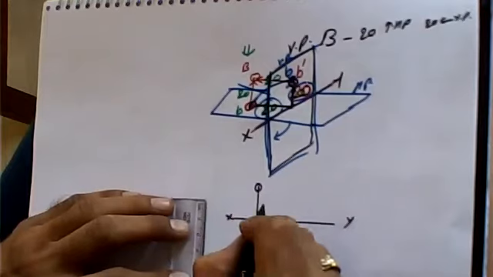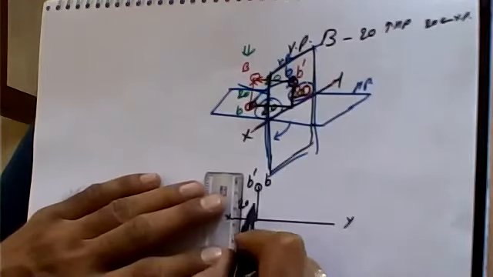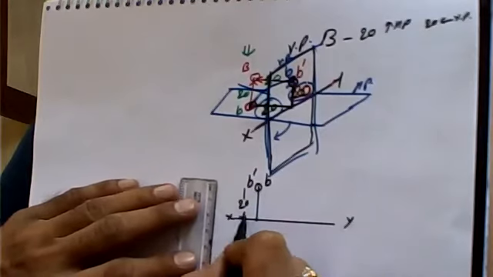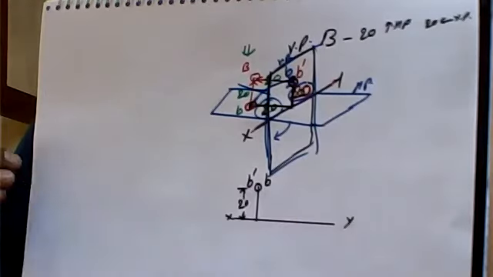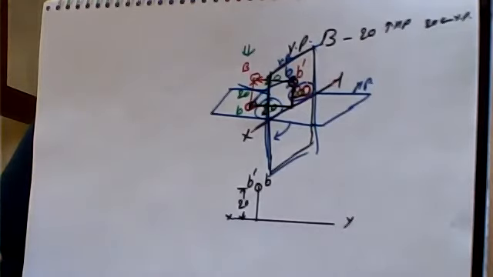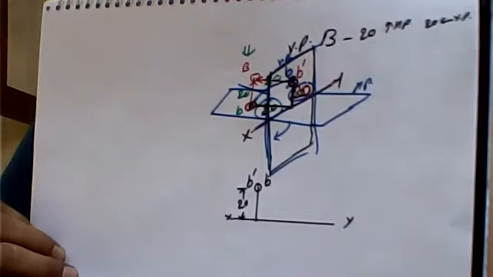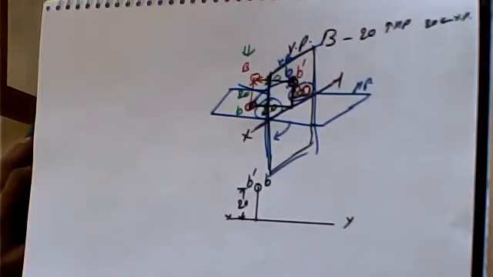So this is going to be the position of B dash and B. At what distance? At 20 mm distance. So this will be the criteria. When a point is in the second quadrant, this is the projection drafted over here. Now let us discuss point C.